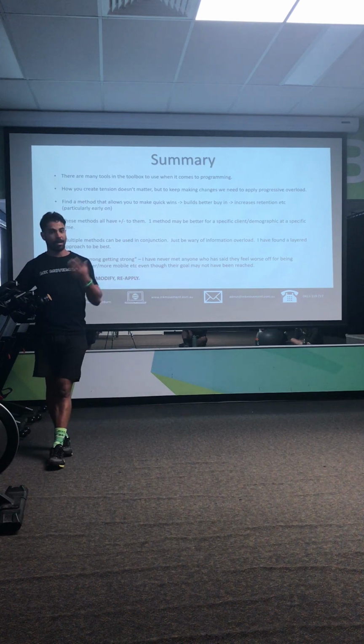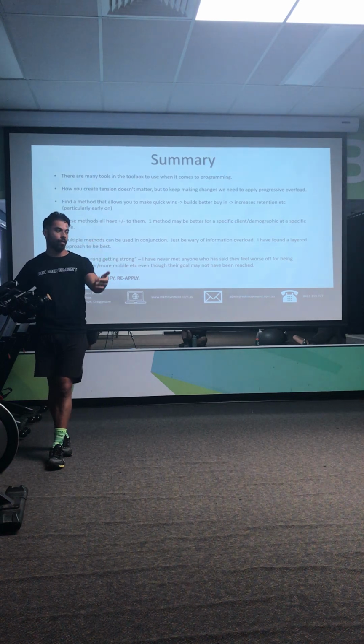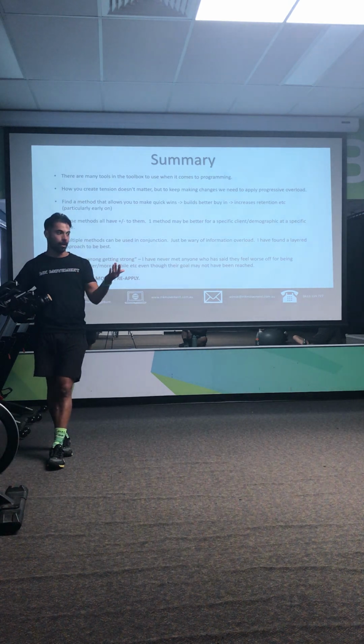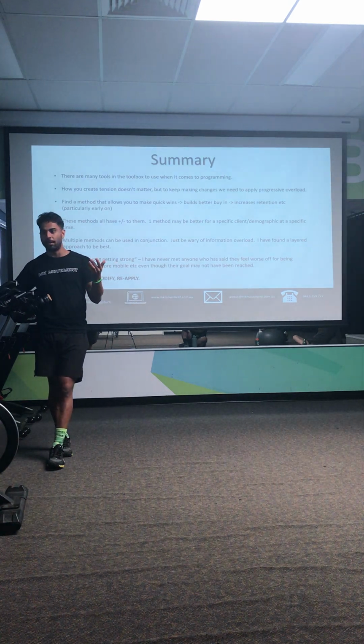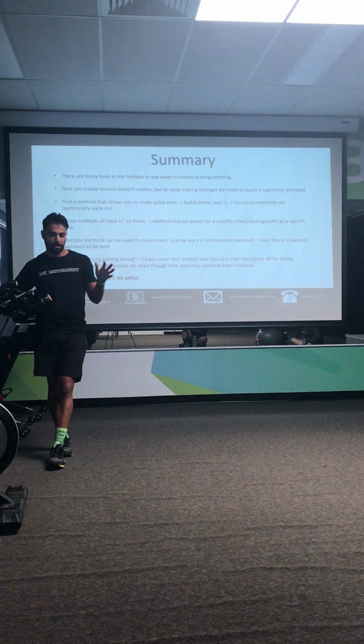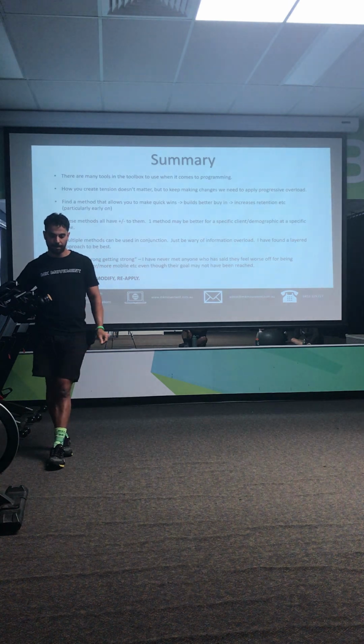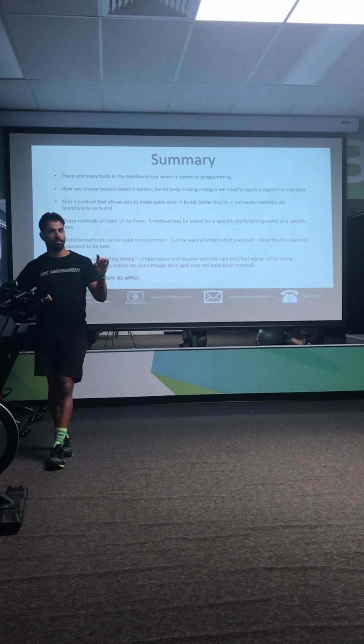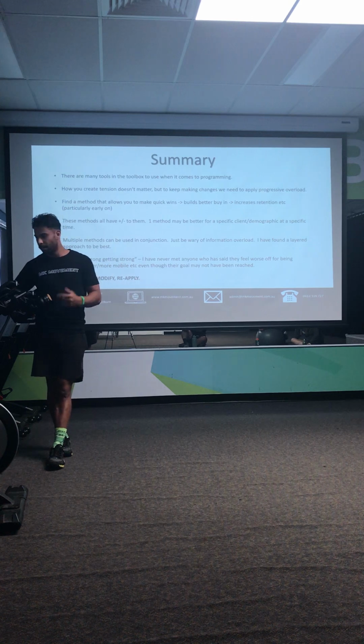Then when they start to see progress, you may change to a reps in reserve scheme or something like that. Just be aware that not all models work for the same people. Some people respond differently to other things.